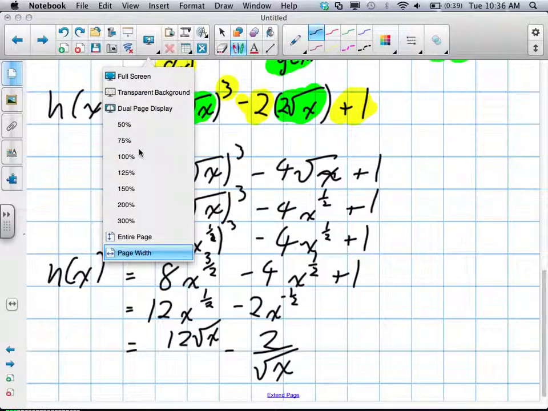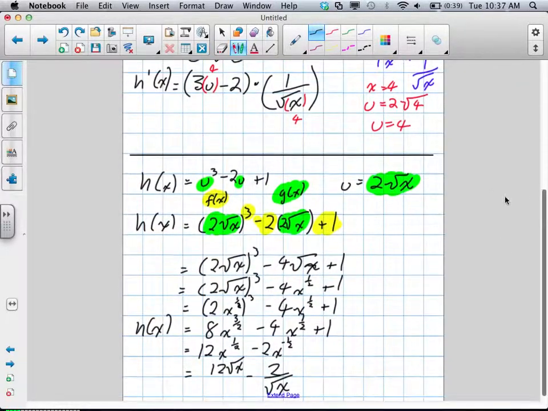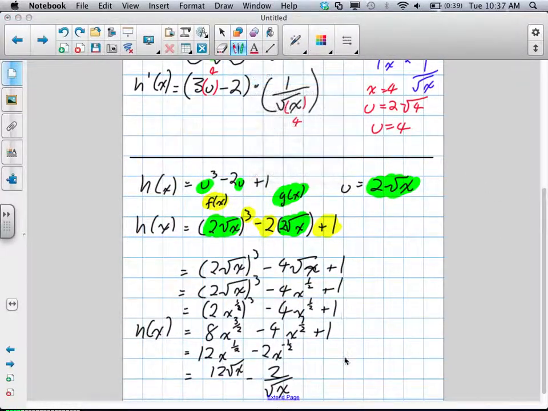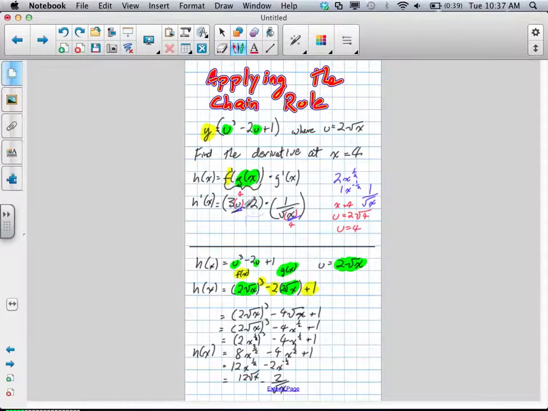Let's zoom out just a little here. This would be a simplified version of what we have up here. The only difference is we only have the value of x, and in this one we have a value of u and x. If you are able to keep the function as different variables, it's actually a lot easier to go about finding the derivative of this.